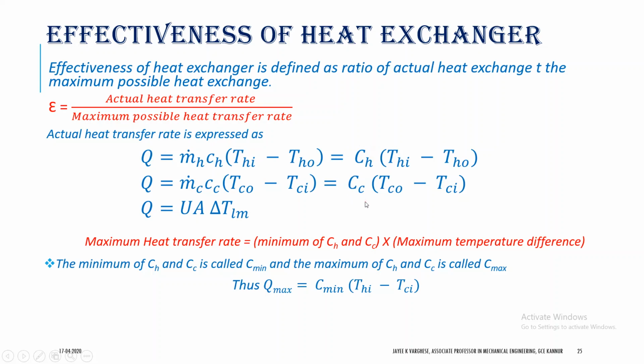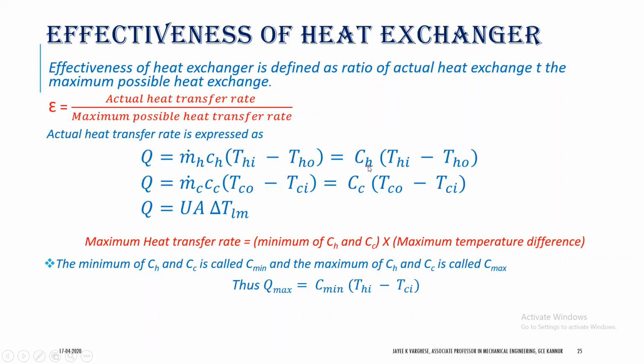So in that case, in order to satisfy the product being equal, if CH is more than CC, then THI minus THO should be less than TCO minus TCI.